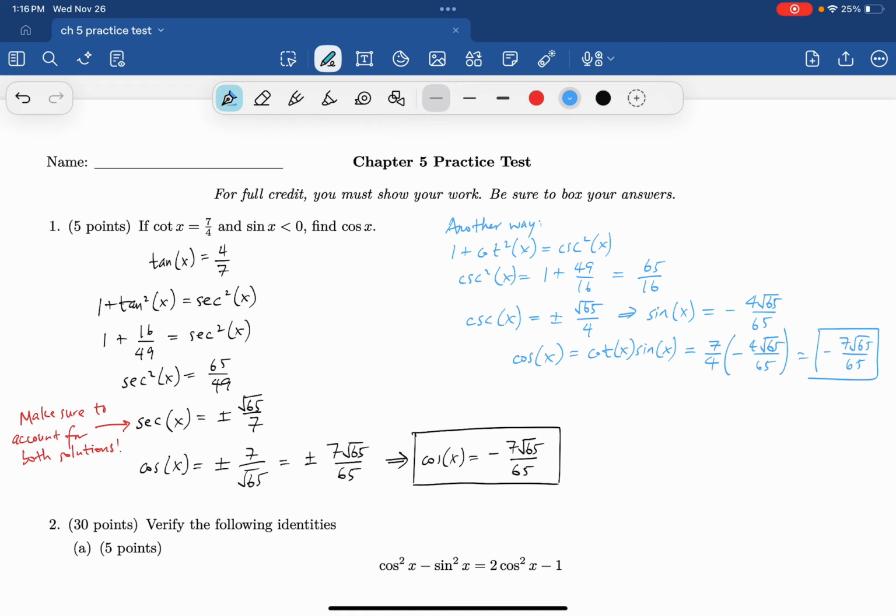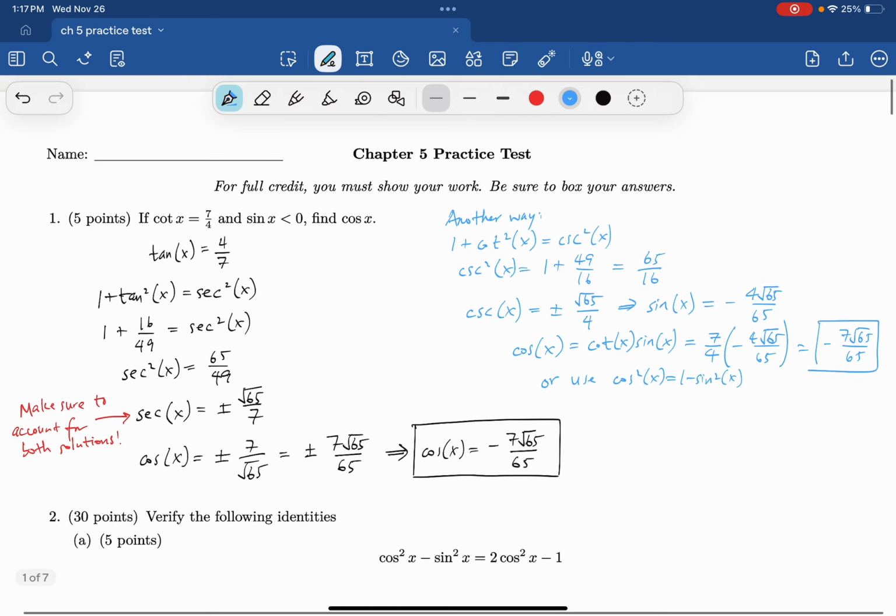All right, so that's the second way. A third way would have also been to start with this sine and then use the formula cosine squared equals 1 minus sine squared, right? But that's a different way.